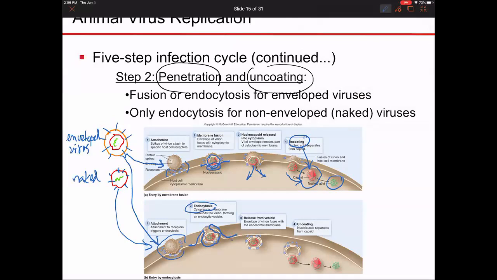And now the virus gets into the cell, into this endosome, and the virus will be released from that endosome, will uncoat and release the viral genome to now start the process of replication.